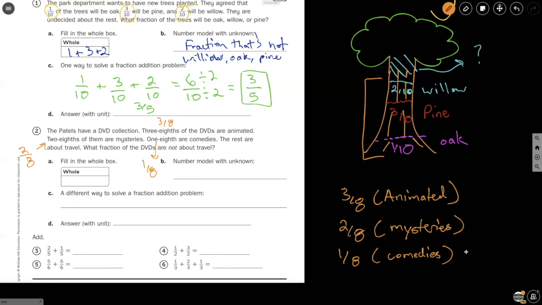And then the others, which we don't know, are about travel.